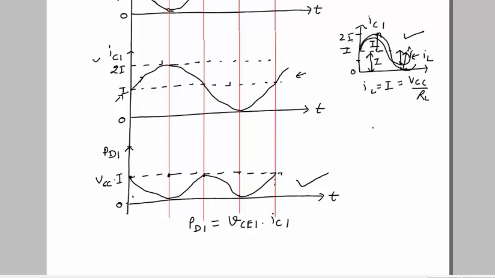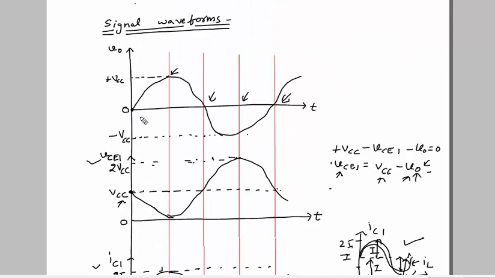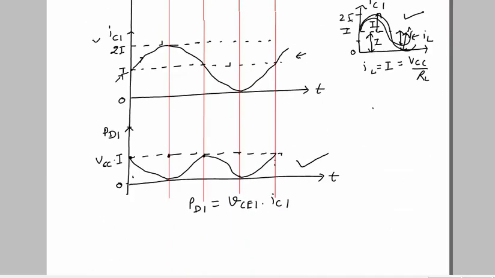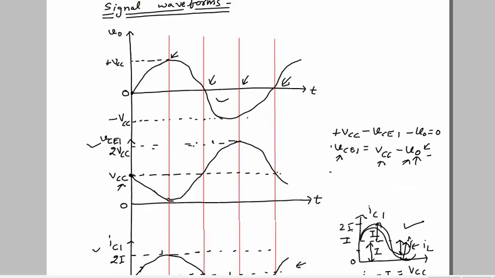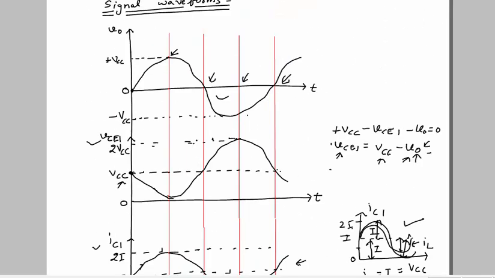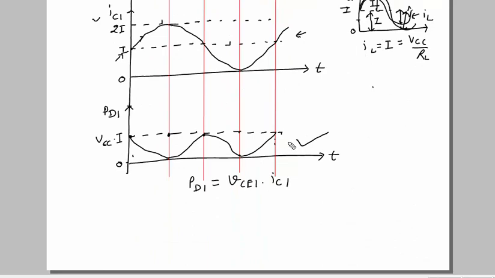All the places whenever V0 equals 0, here, and then here, at these points, Q1 dissipates the largest amount of power. Hence, Q1 must be able to withstand a continuous power dissipation of VCC into I. I hope this point is clear.